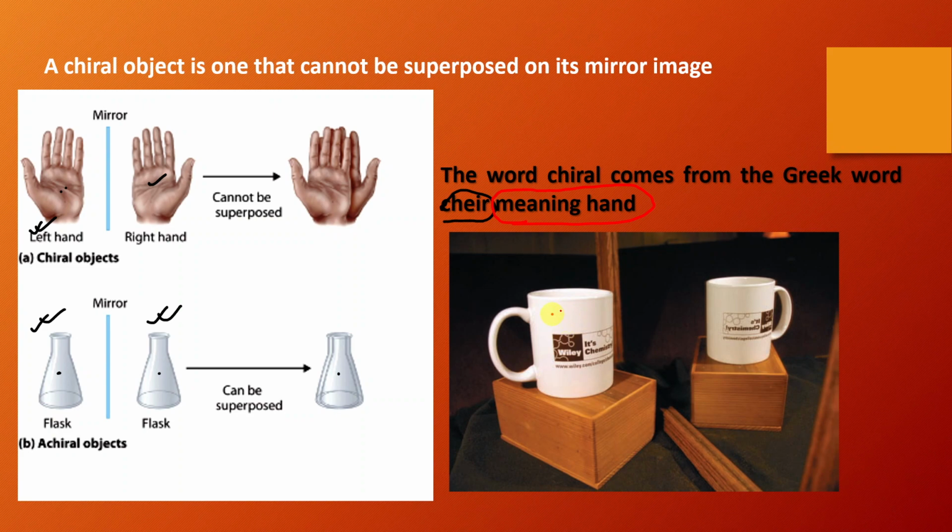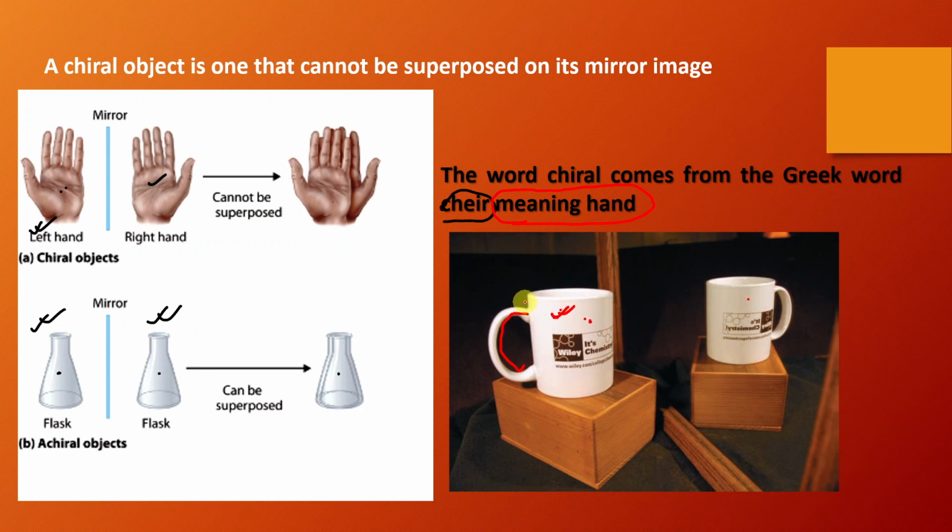This is a simple coffee mug with a handle, and something is printed on it. In front of it there is a mirror, and you can see the mirror image of the mug. This coffee mug is a chiral object, because you cannot superimpose it with its mirror image.